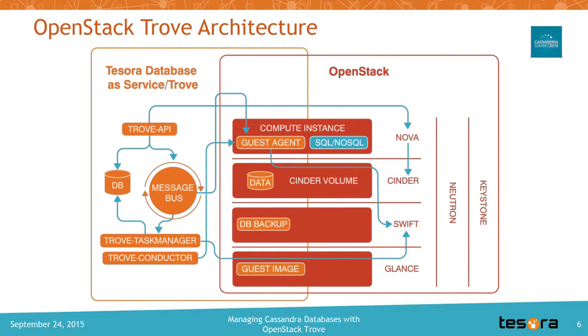There are a couple of other components in Trove which we'll talk about, but let's talk about a typical request you may make. To use an Amazon analogy, if you wanted a MySQL or Cassandra database, you could go to EC2, spin up an EC2 instance, install your software, and you've got a perfectly good running database instance.